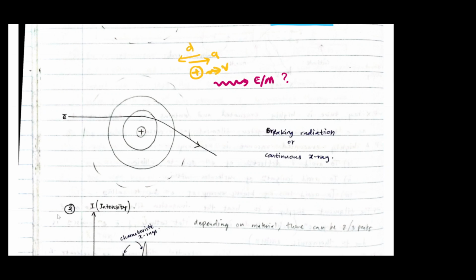When charges are accelerated or decelerated, electromagnetic radiation is released. Sorry, we are talking about production of EM waves, right? So electromagnetic radiation is emitted. Now, let's look at how we get continuous rays of X-ray.